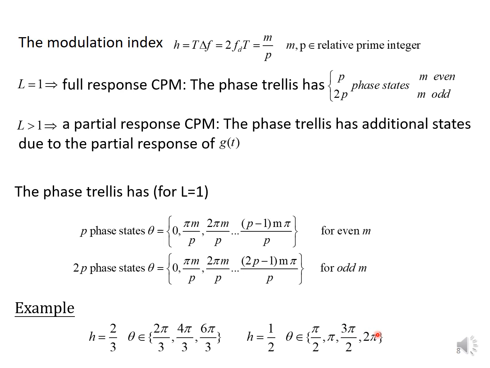After we reach 2 pi, we have all the possible phase states here.